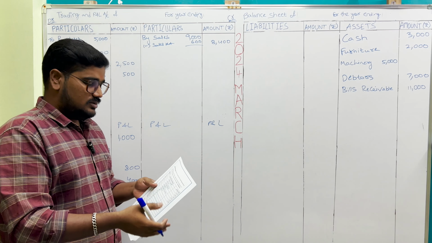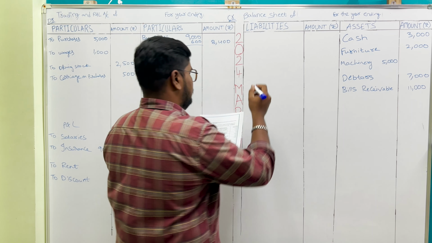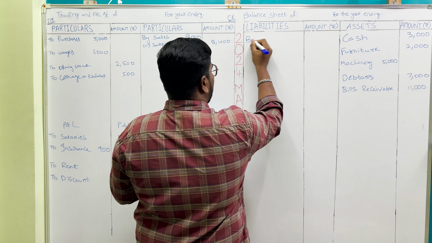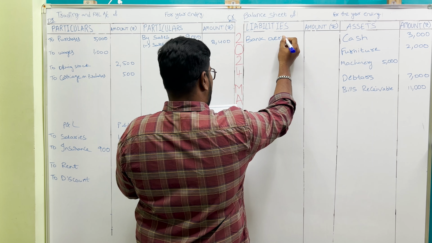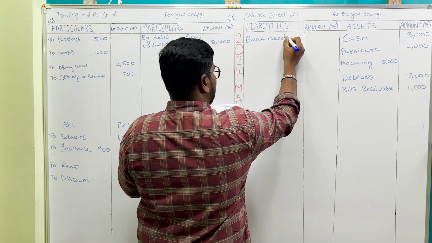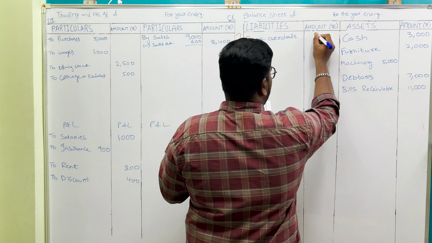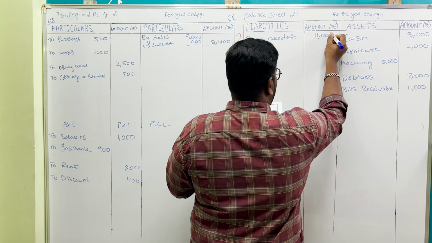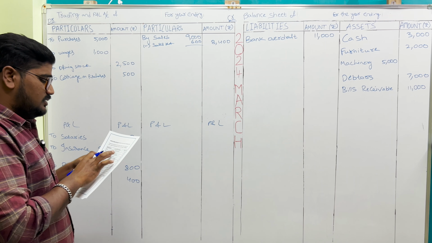Now quickly let's complete the credit side. Bank overdraft, I already explained to you. We have withdrawn more than the limit that we have, more than the balance that we have, and this is payable to bank, so that is a liability, 11,000. Sales we already recorded.